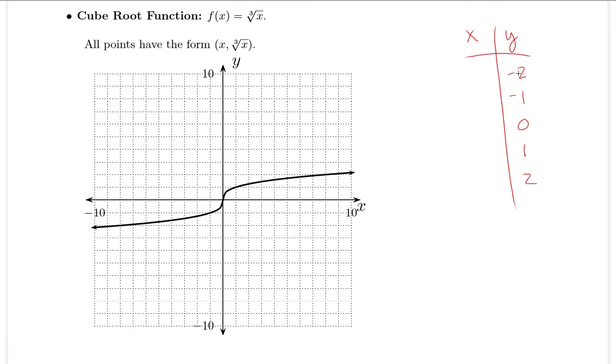Well, if I cube these, then if I take the cube root of -8, I'll get -2, right? And so we're again working backwards here so that we can come up with this graph of the cube root function.